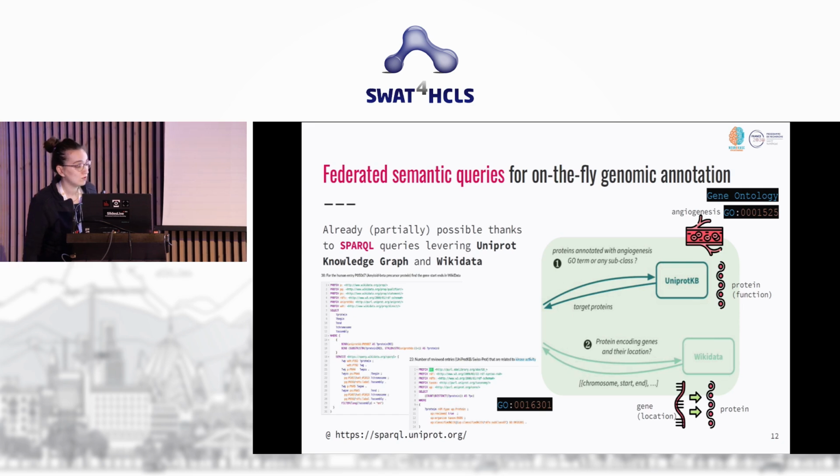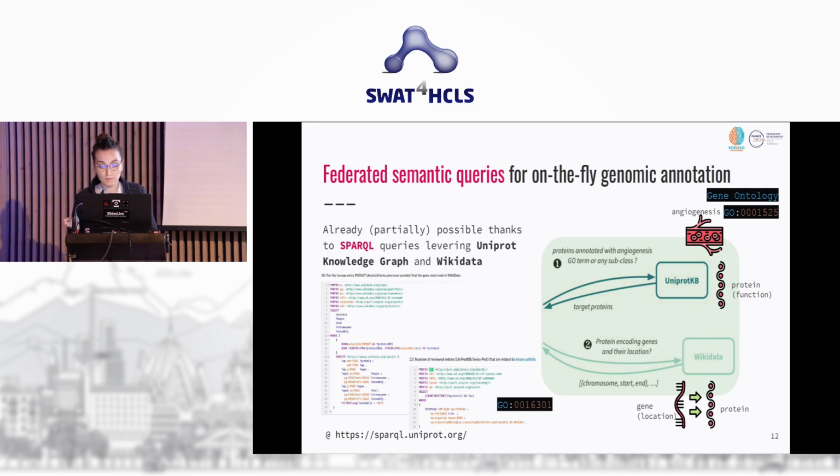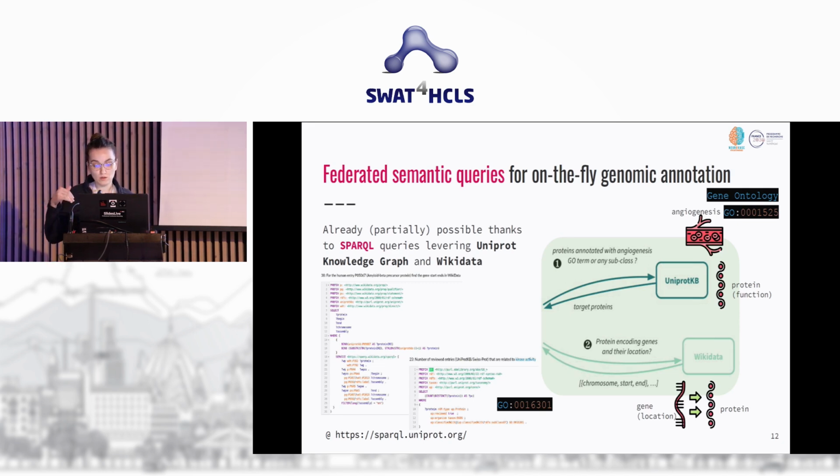And for angiogenesis, the Gene Ontology code is 0001525. Then we found another example query that made it possible to retrieve gene location from Wikidata using the protein ID extracted from UniProt KB.